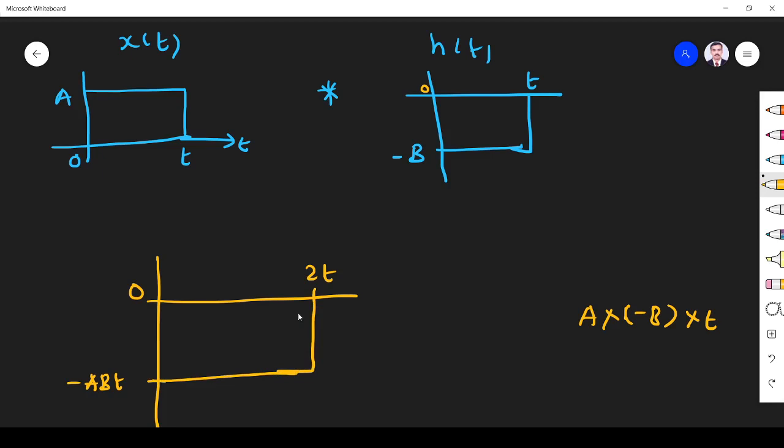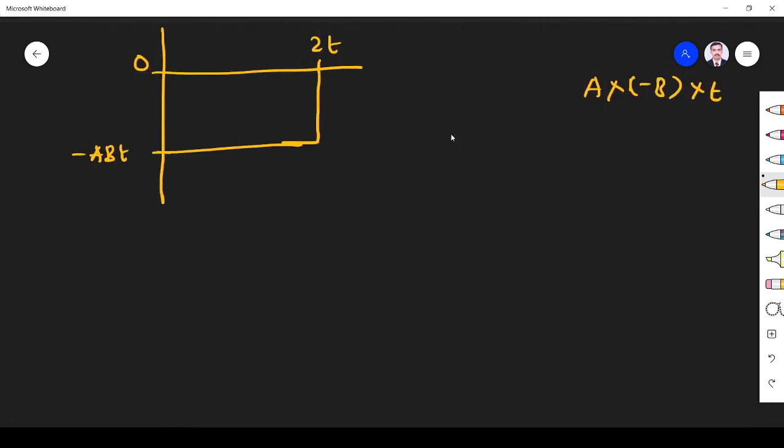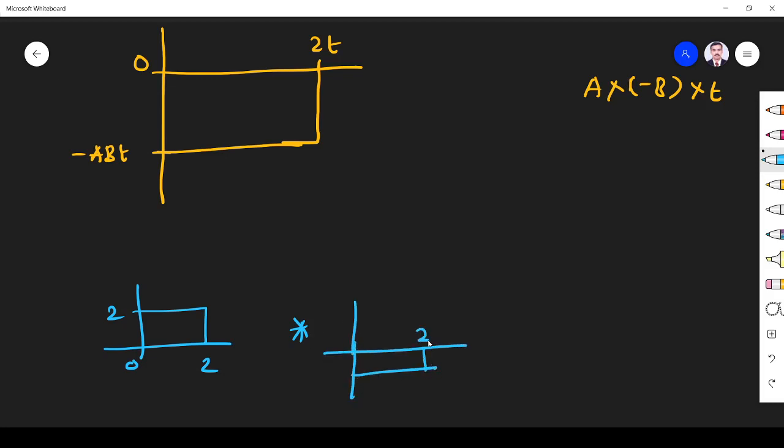ABt, simple logic, right? Suppose, one example I give, suppose this is 0 to 2. If you want to convolve 0 to 2 with 2 and minus 1, add the starting point 0, 0, 0, end point 2 plus 2 is 4, multiply the amplitude of x, 2, with the amplitude of h, minus 1, total length is 2.